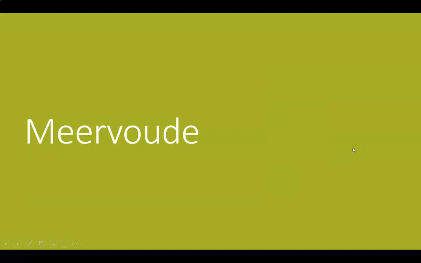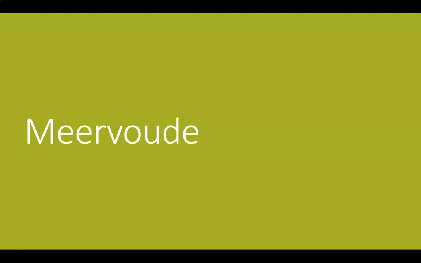So plurals in Afrikaans is meervoude. You have to know the terminology because in the exams, the instruction will tell you that you have to put this word into the correct form. It might mention meervoud, meer meaning more, and voud is the multiple.